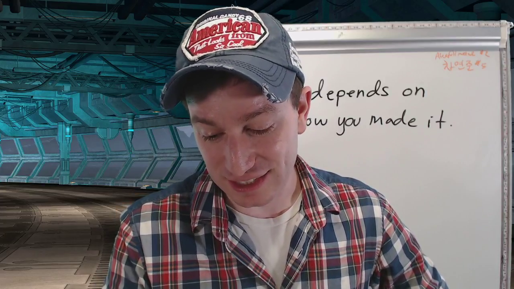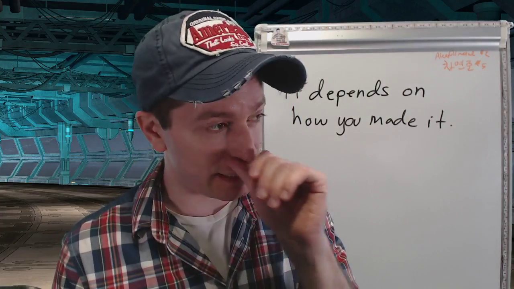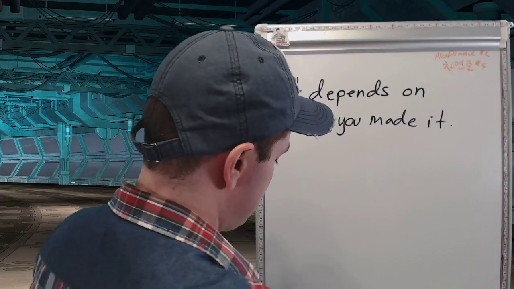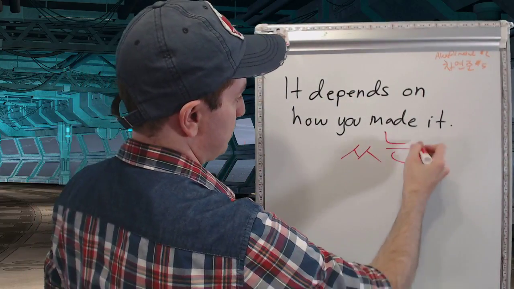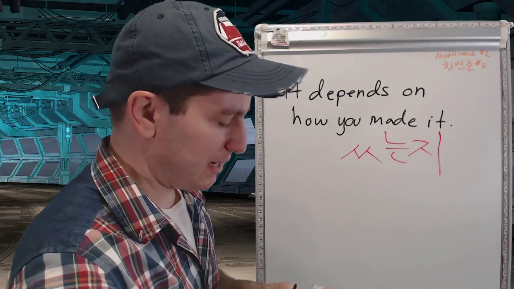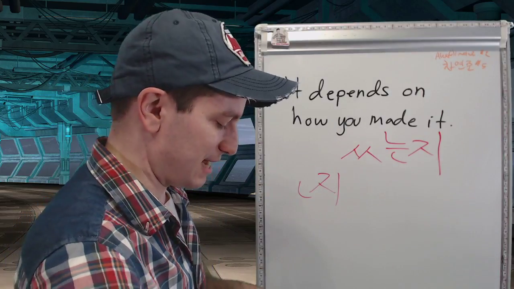Let's see. 어떻게 만들었는지에 따라서 달라요. 어떻게 만든지, nope. 만들었는지. Remember, the past tense for this 지 form has you'll see these double things. ㅆ, for past tense. Whenever you see the 는지 like that, that's for descriptive verbs in the present tense.